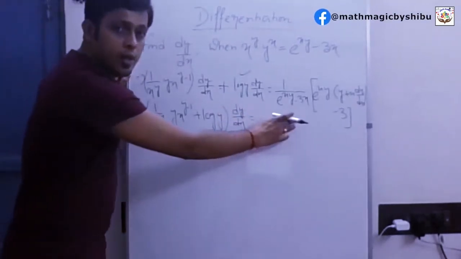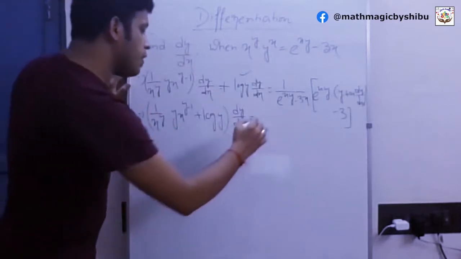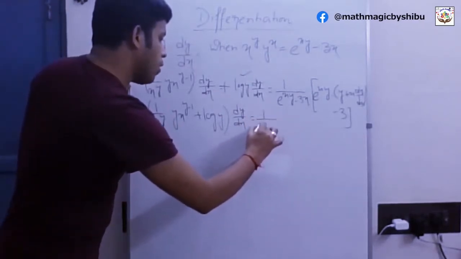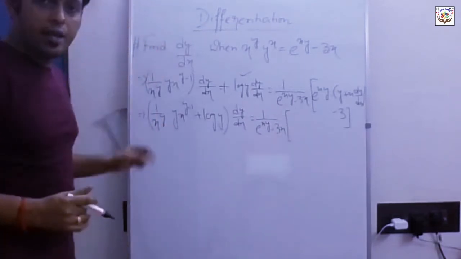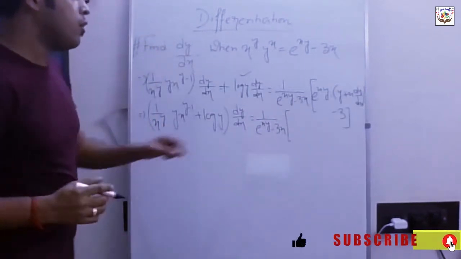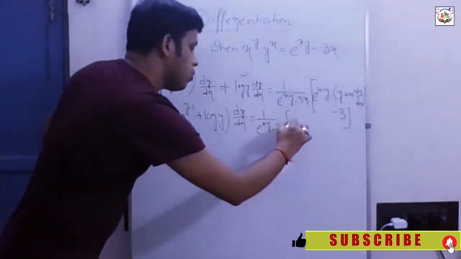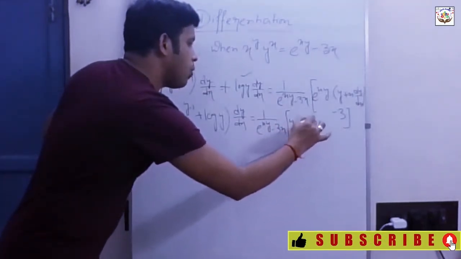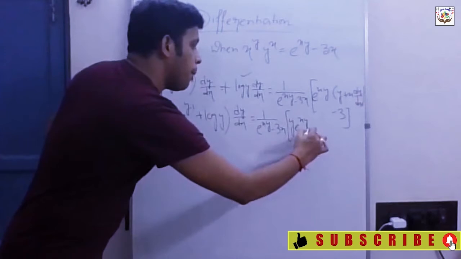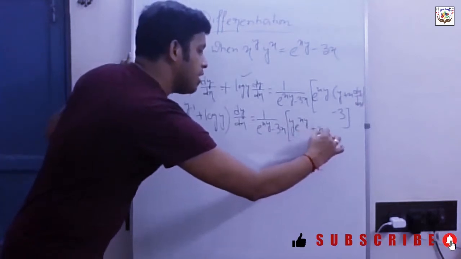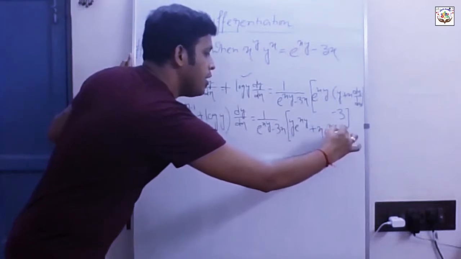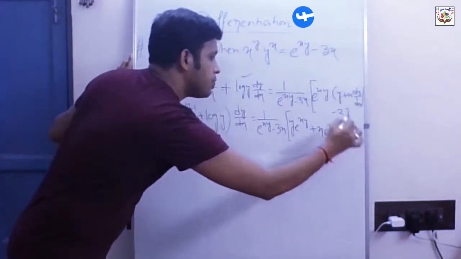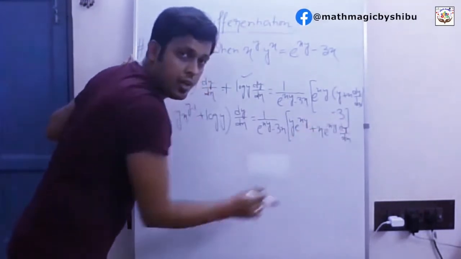Similarly, from here, can I write 1 by e to the power xy minus 3x, and just see carefully. What we need to write is y e to the power xy plus x e to the power xy dy dx, and the minus 3 at last.